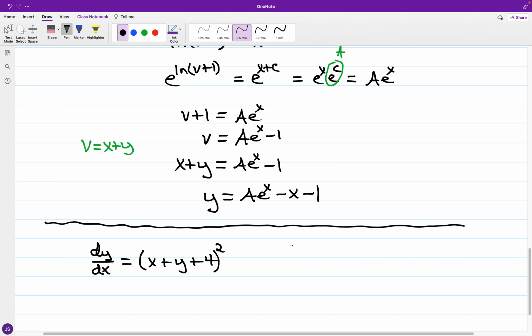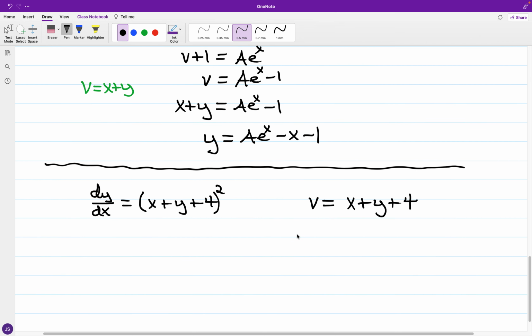And I'm going to use v substitution, and to be able to keep it linear as much as possible, I'm going to have that v is equal to the expression that is being squared with dy over dx. Okay, so we have the square of x plus y plus 4, but for v, I'm going to have that it is equal to x plus y plus 4, and taking the derivative with respect to x, and I'll just do it in one sweep.